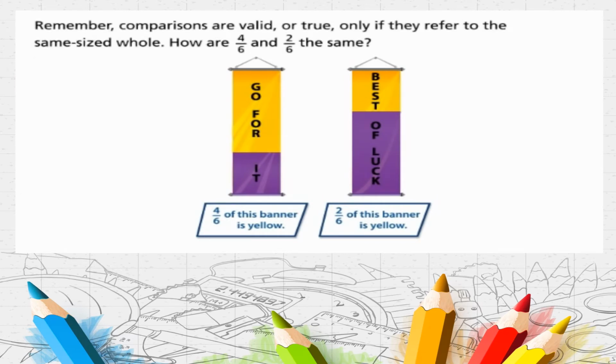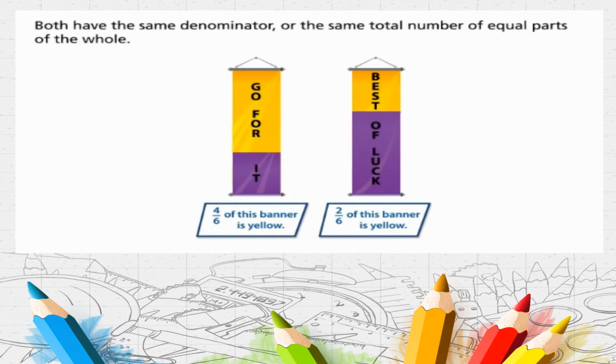Remember, comparisons are valid or true only if they refer to the same sized whole. How are 4/6 and 2/6 the same? Both have the same denominator, or the same total number of equal parts of the whole.